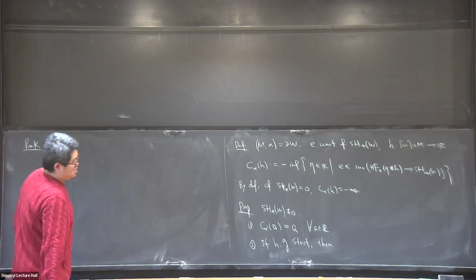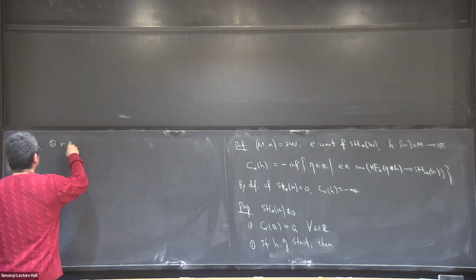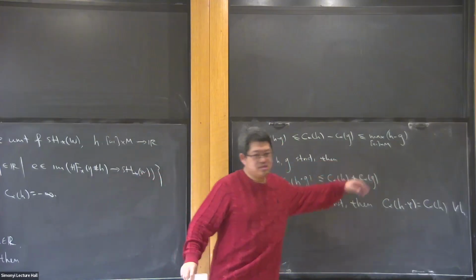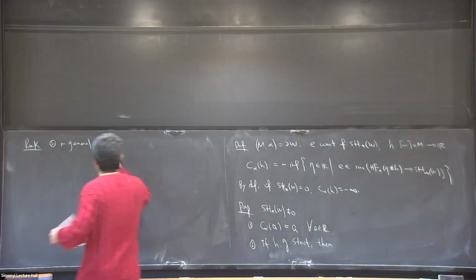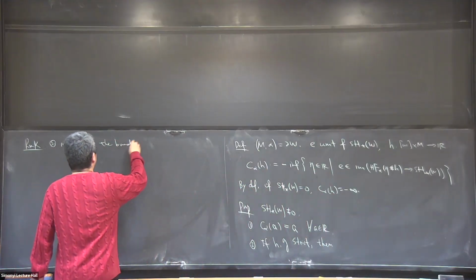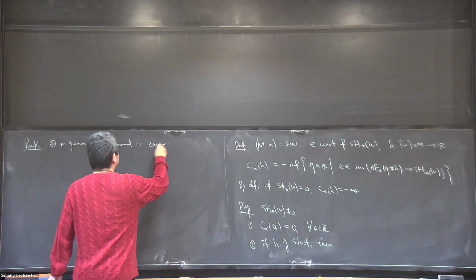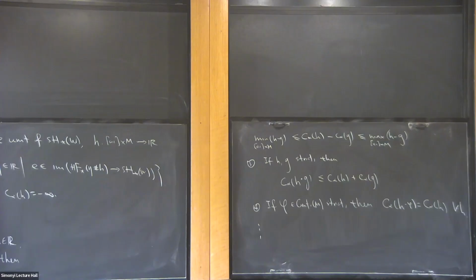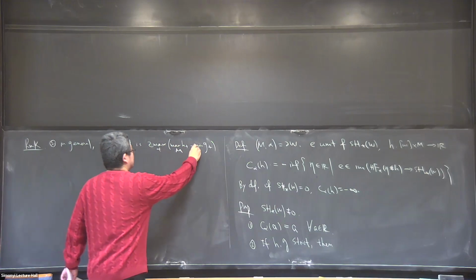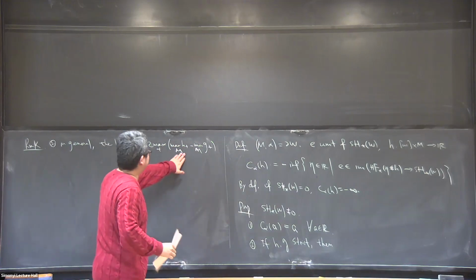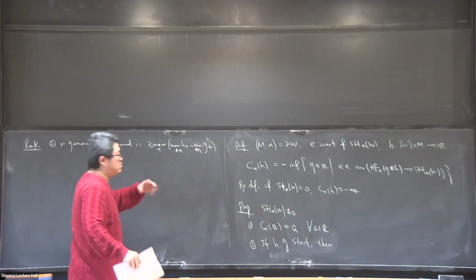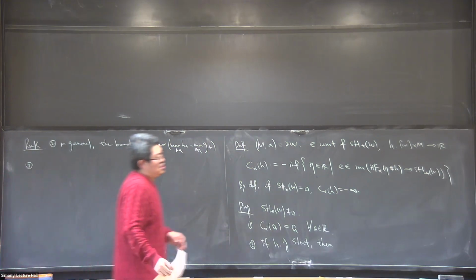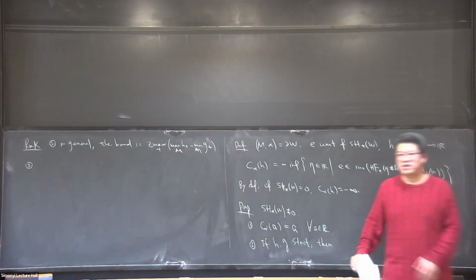In general, the bound will not be as good as the one here. The real bound is 2 times the max over t of H_t minus the minimum of G. If you think about it, this bound is much worse than the one above. But if both of them are strict, then we actually get a much better one. So for the triangle inequality, I also put strict here. But if it's not strict, let me write out the general formula.